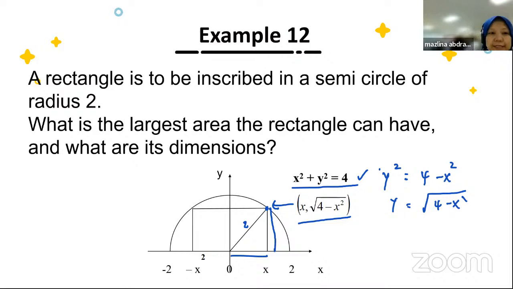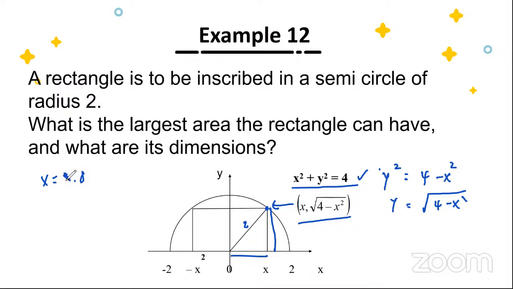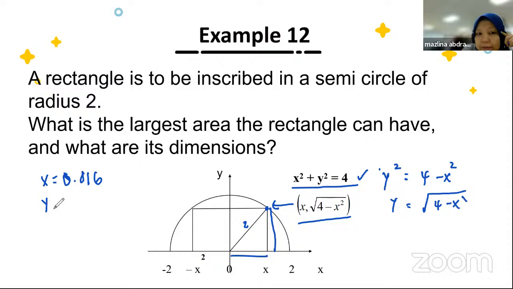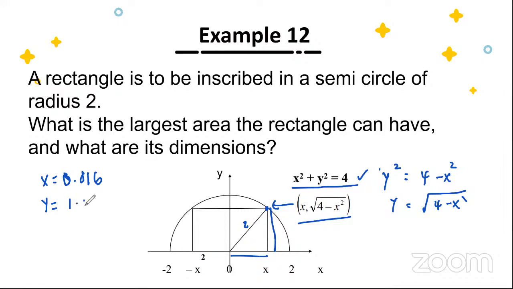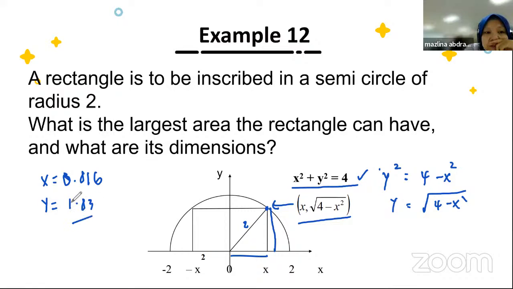Maximum when x is at 0.816. Betul? And for y, y is 1.83. Okay, let's see the answer, yeah.